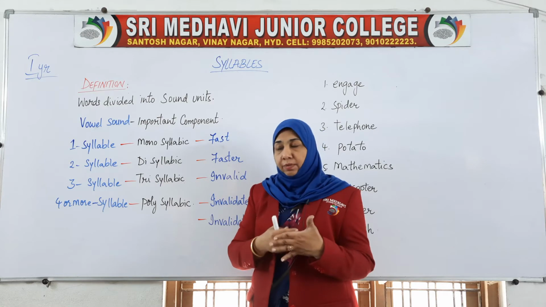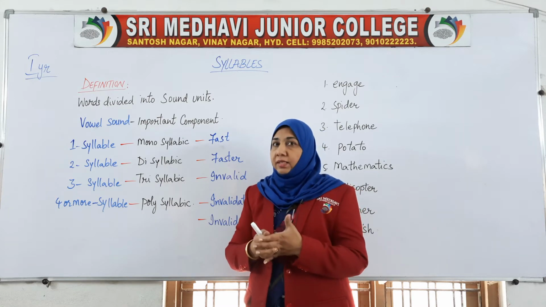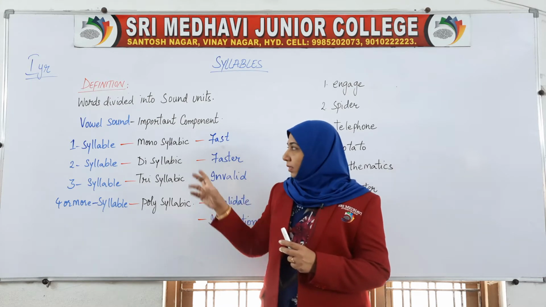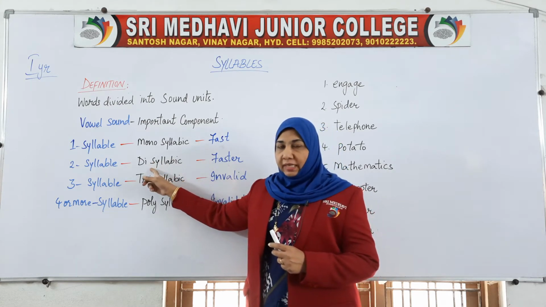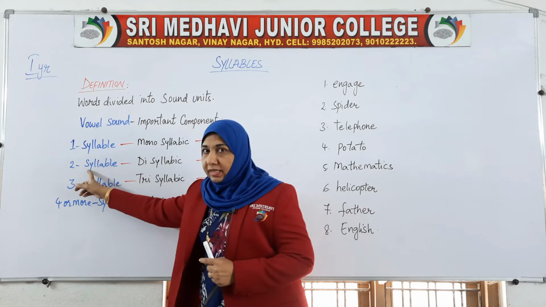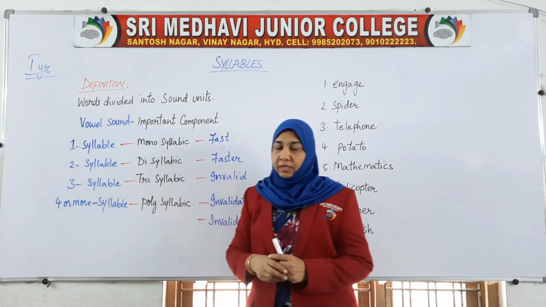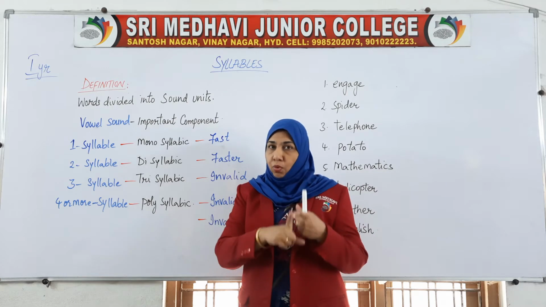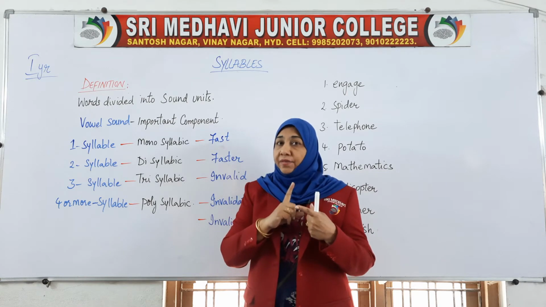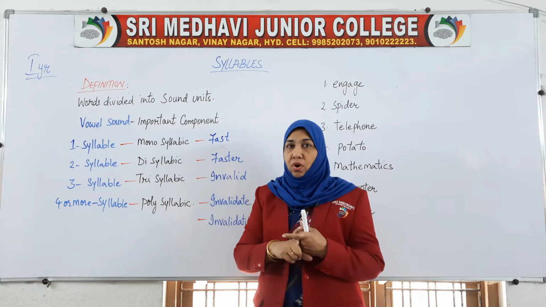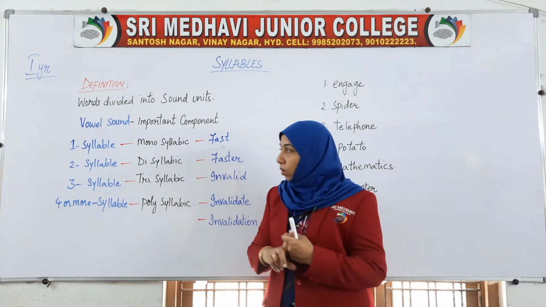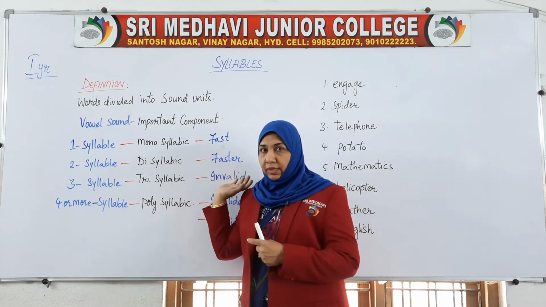And I have taken the example of faster. It has two syllables, so it will be called disyllabic. So when we have one syllable, we call it monosyllabic, and when you have two syllables, it is called disyllabic or a disyllable word.